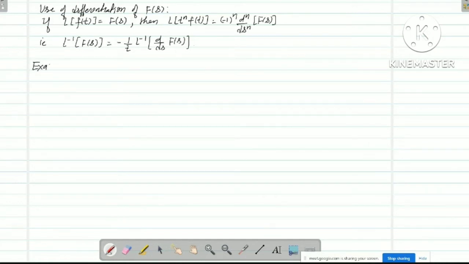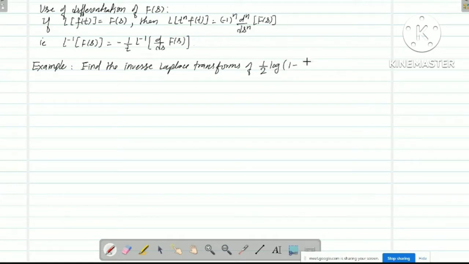Example: find the inverse Laplace transform of the function 1 upon 2 log of 1 minus a square by s square.